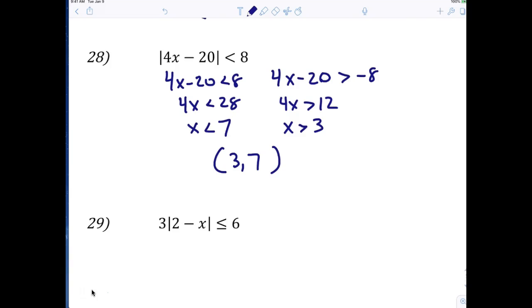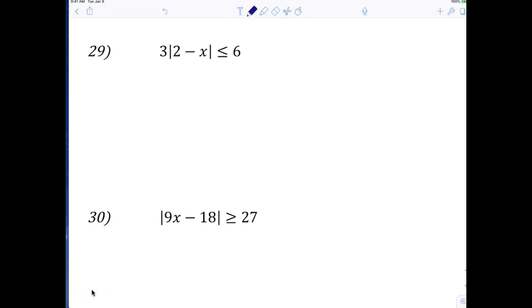Now, 29, before we begin, we have to do what first? Isolate. Very good. Isolate the absolute value. So in order to isolate the absolute value, you have to divide by 3. So I have absolute value of 2 minus x less than or equal to 2.